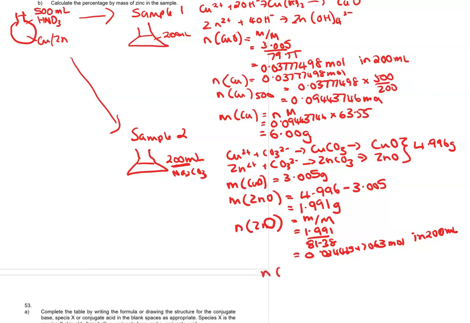So the number of moles of zinc in 200 ml is the same. Number of moles of zinc in 500 ml, we're going to ratio up.